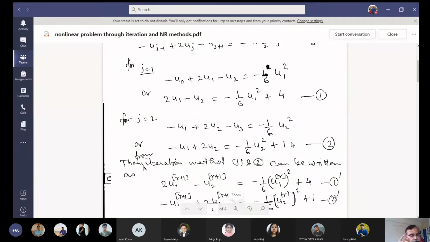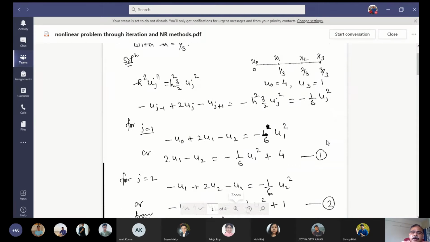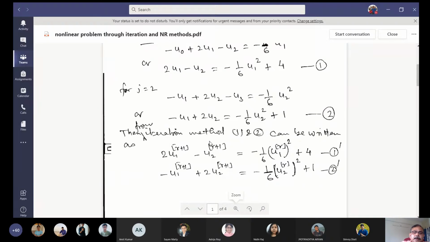So there are two nonlinear equations, 1 and 2, in u1 and u2, and if you want to apply the iteration method, we'll write the r plus 1th value on the left hand side, just like Picard's method. That's the reason I have done it this way. So minus 1 by 6 u1 at the rth value: the rth value of this nonlinear part is already known.